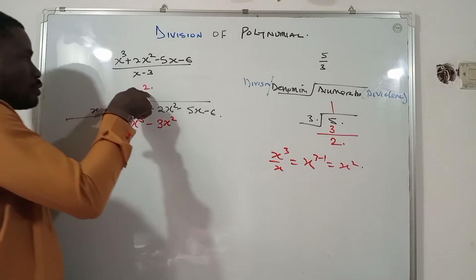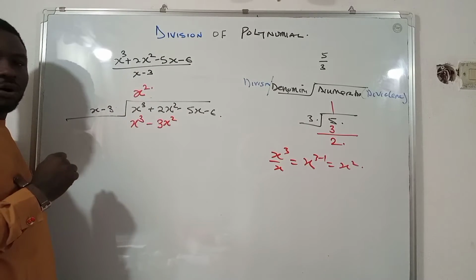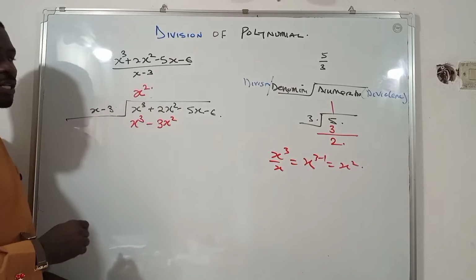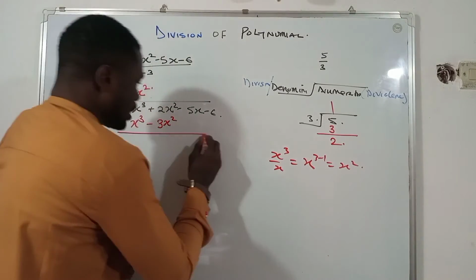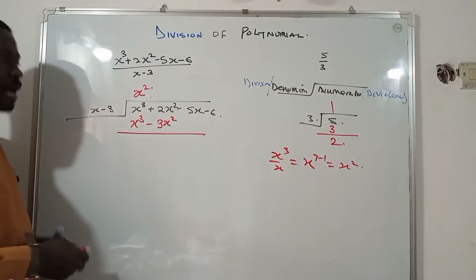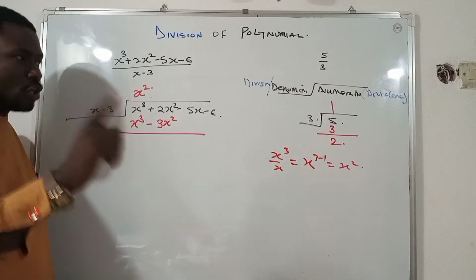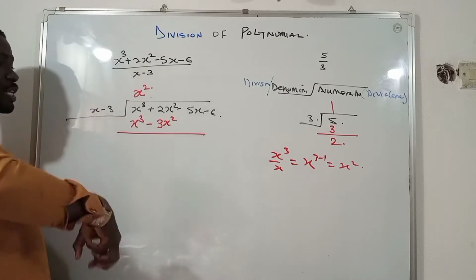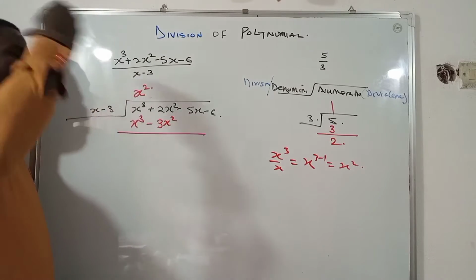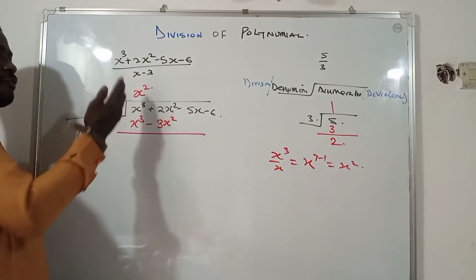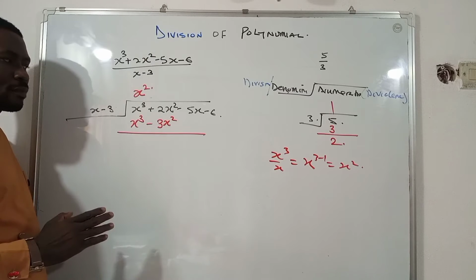The same thing will be applied here. The moment we have used this to multiply the divisor, this became our answer. The next thing we're going to do is to draw this line. Having drawn that line, the next thing is to subtract. Again, knowing too well that when you're subtracting, you must ensure that the first term disappears.